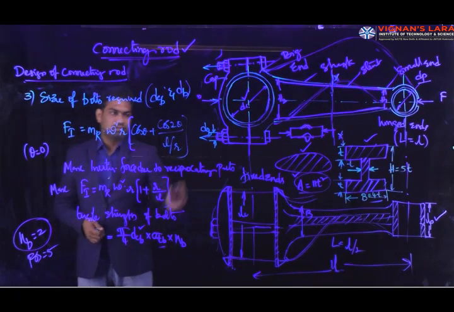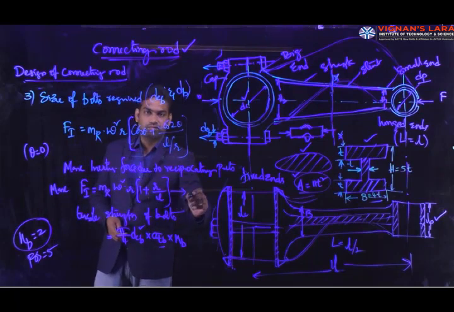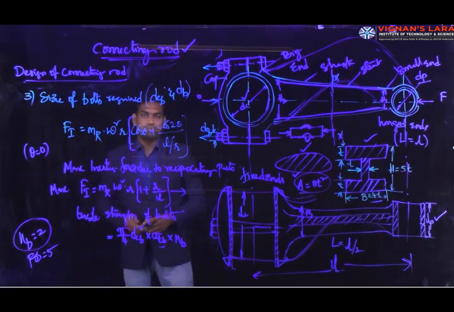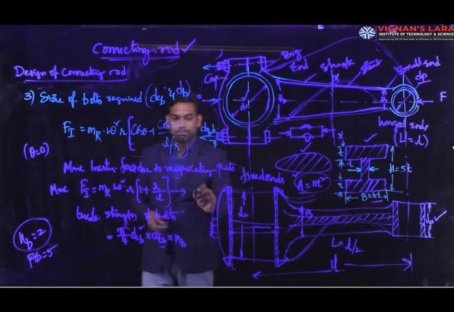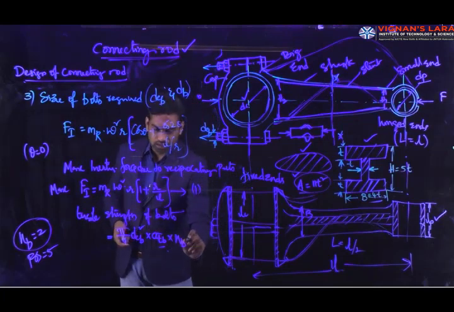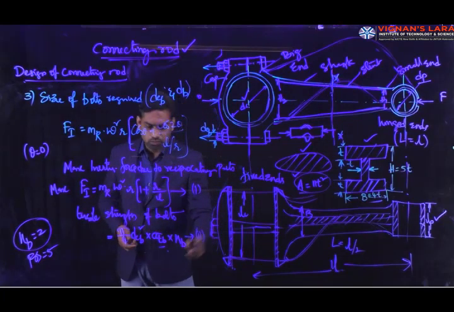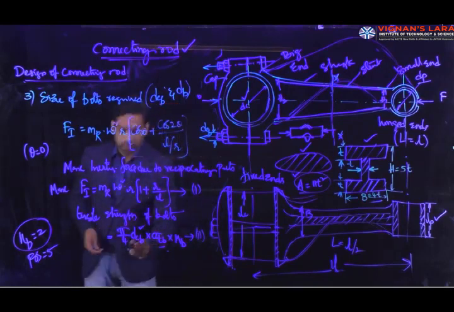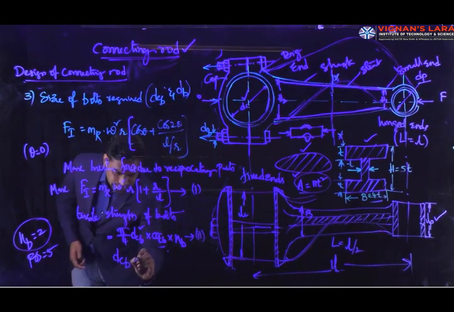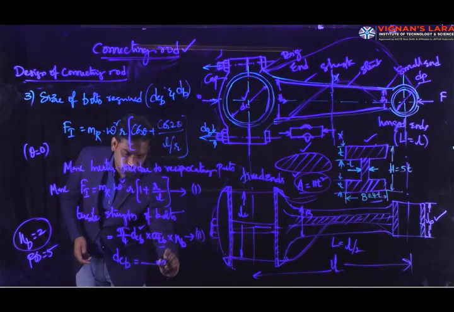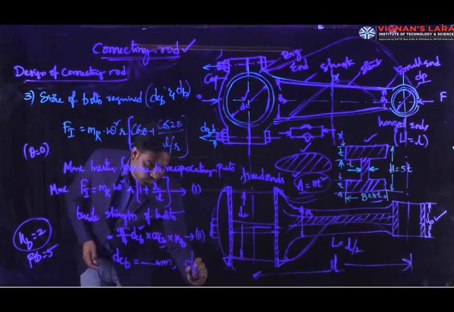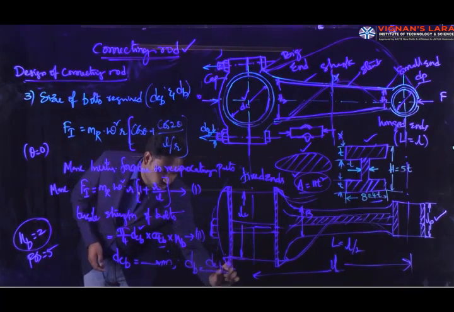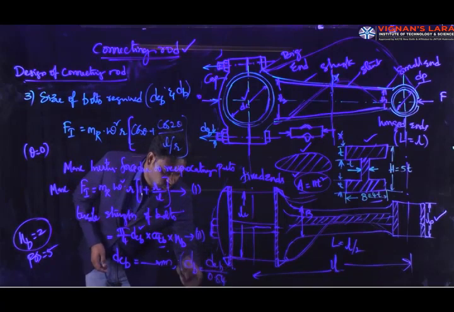By equating these two terms, that is the maximum inertia force due to reciprocating parts when the piston is at the top dead center, taken as equation 1, and the tensile strength of bolts, equation number 2, I can calculate the core diameter of bolts DCB. After that I can also find the nominal diameter of bolts from the core diameter DCB divided by 0.84.